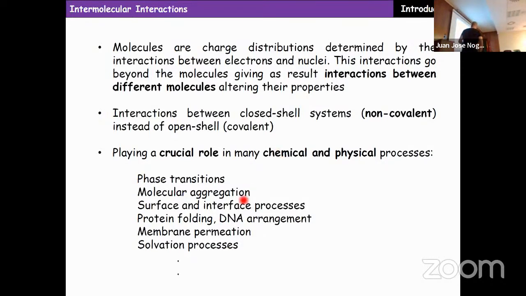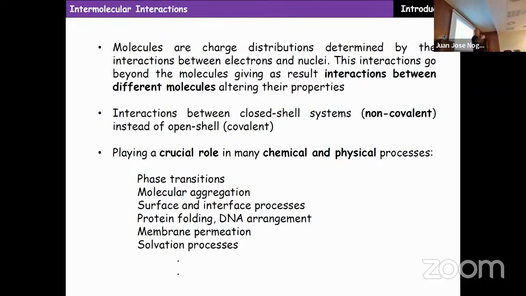And you know that, moving to more biological questions, they govern protein folding and DNA arrangement, and also they are very important in membrane permeation. For example, in biological membranes, cell membranes. Okay, when a drug is crossing the cell membrane, the crossing depends on the interactions between them.